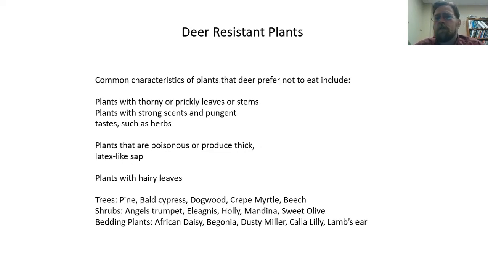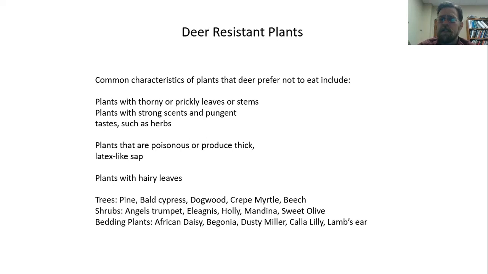Some things that you want to look for in deer resistant plants: if it has thorny or prickly leaves or stems, if it has a really strong scent or a really strong taste like herbs, anything that produces kind of a latexy sap or has hairy leaves. Some good examples of plants that are kind of deer resistant: crepe myrtles and dogwoods and bald cypress are all good examples for trees.